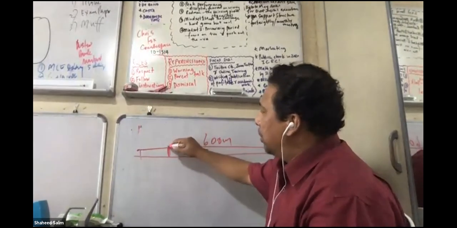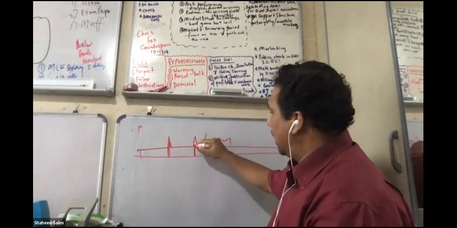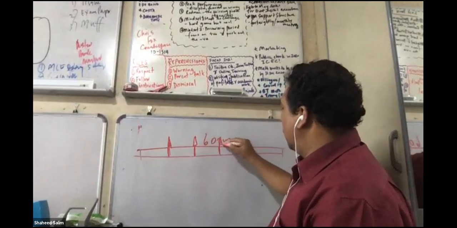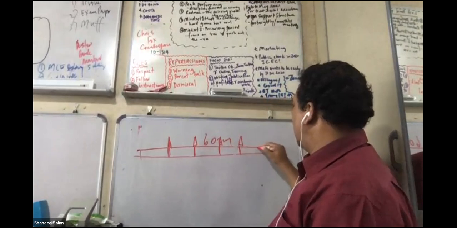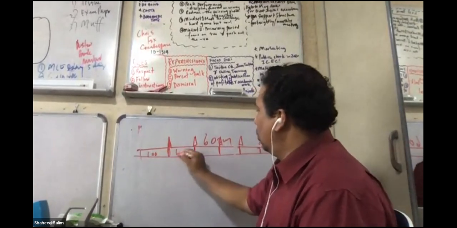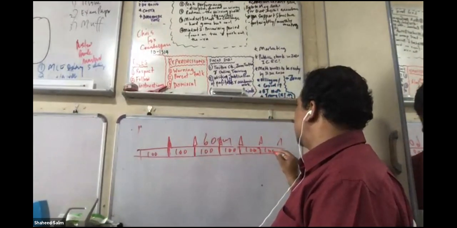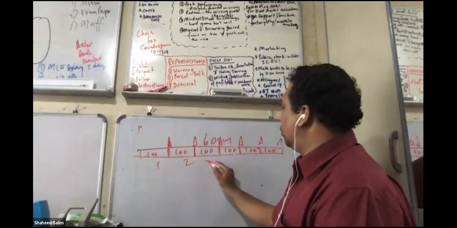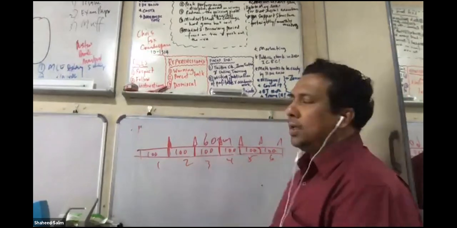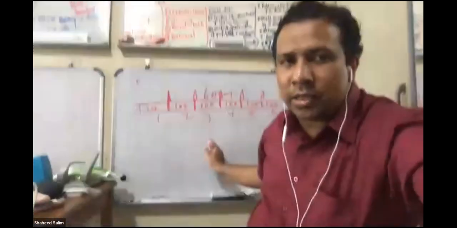Maybe they put a cone, your orange cone. 100 meters, another cone, another cone. So how many? 100, 200, 300, 400, 500, 600. So there'll be 1, 2, 3, 4, 5, 6, 6 markings. Do you think you can understand this one?